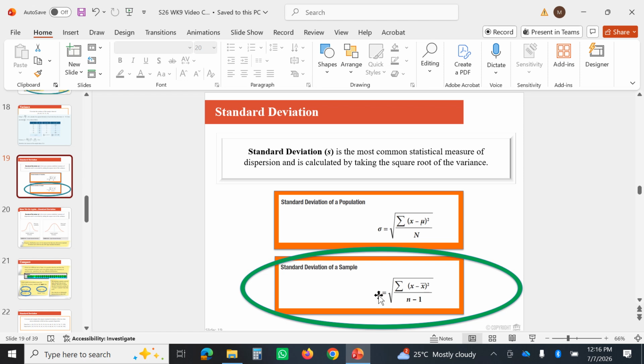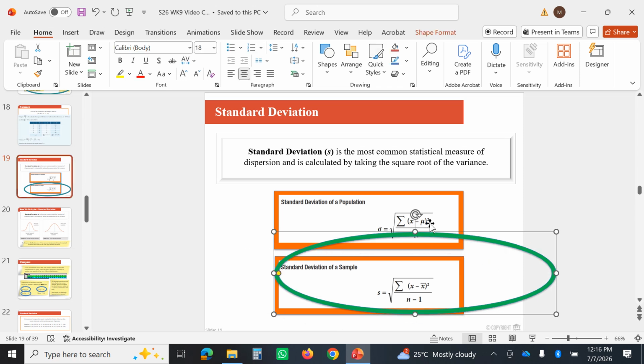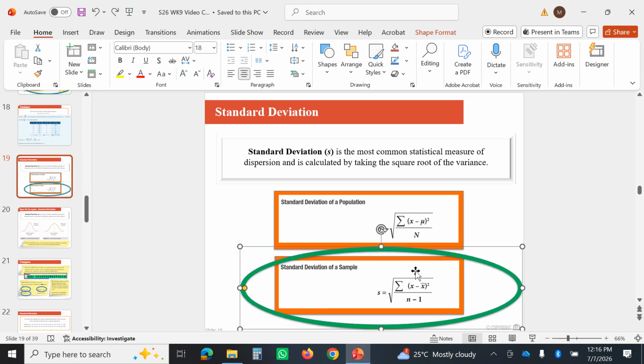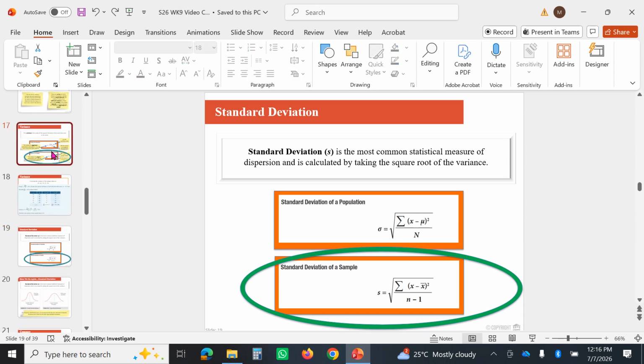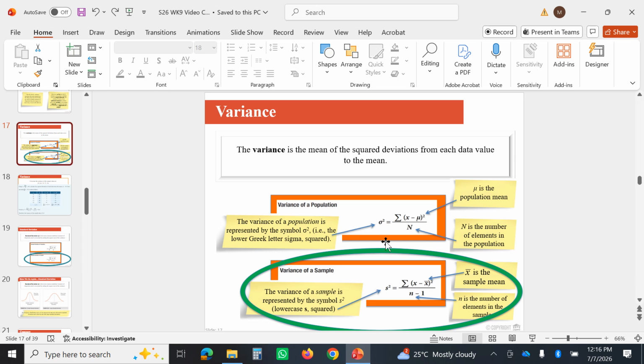The square root of S squared is S. Everything under the root was the variance, but then we square root it, and that becomes the standard deviation. This is for the sample. This is for the population. Notice the formulas are the same as they were up here. It's just that now we're looking for standard deviation, so we have to square root them.